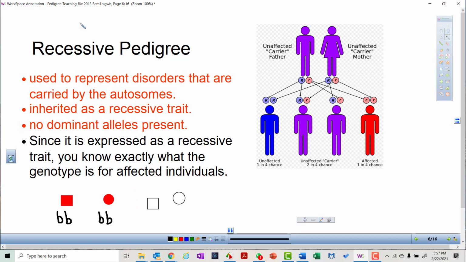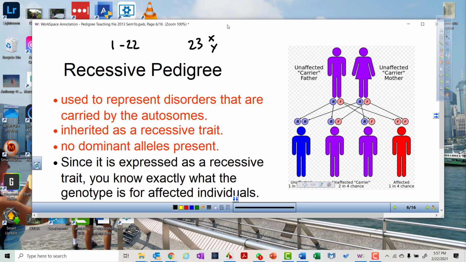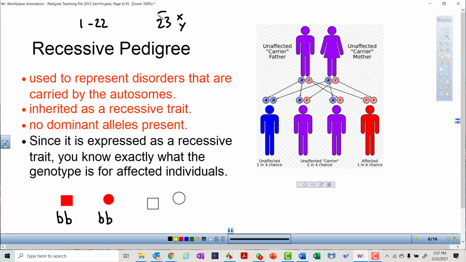Remember, our autosomes are chromosomes number 1 to 22. 23 represents the X and Y chromosomes. These are your sex chromosomes. Right? These 1 to 22 are our autosomes. If it's on the autosome, we don't care what the sex of the circle, square, it's irrelevant.